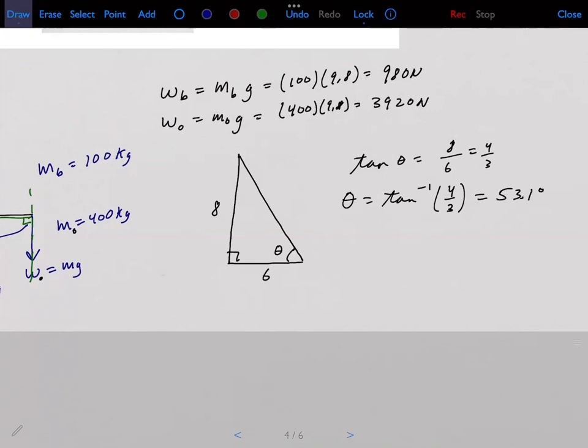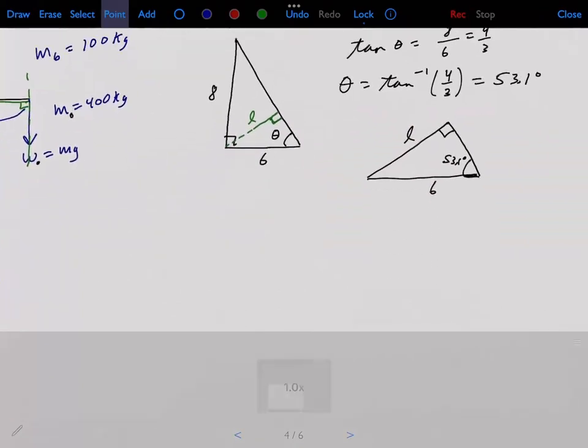And then ultimately, remember, I want the moment arm, I want this distance that's perpendicular, right? That's the L I want. So if I look at that new triangle, I have this. This is the right angle. So this is my right triangle now. I know this angle is 53.1 degrees. So if I'm looking for L, and I know that this is 6, this is now my hypotenuse, right? So what trig function relates, I guess this is opposite the angle, and this is the hypotenuse. That would be sine, right?